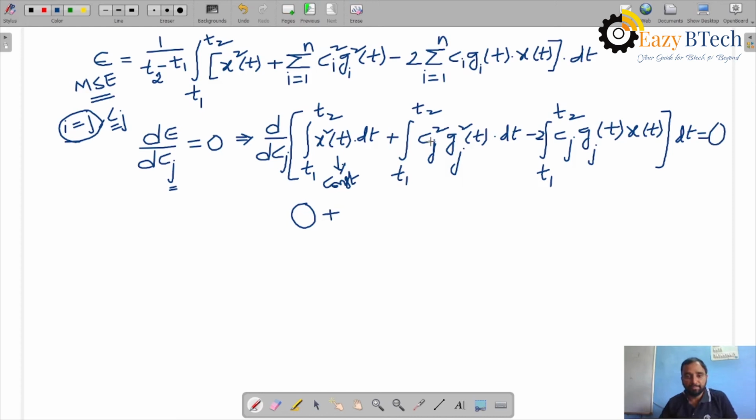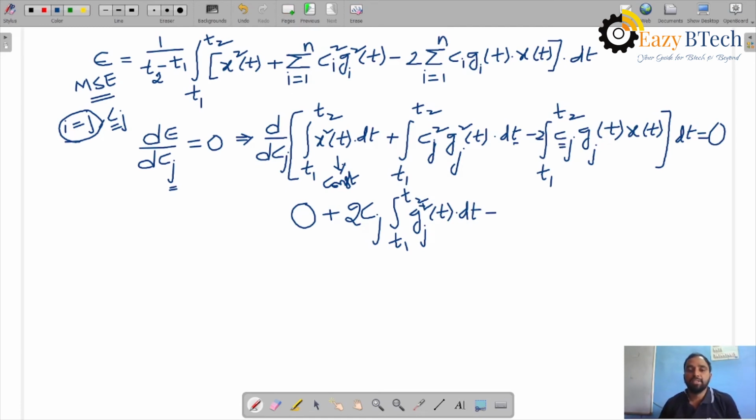Plus the second term, here we have Cj square. We can write it outside the integral because integration is with respect to t. So Cj square, and the differentiation of Cj square will become 2Cj, and the integration is as usual, t1 to t2 gj square of t dt, right? Next, the third one. Here we can write Cj outside because integration is with respect to t.